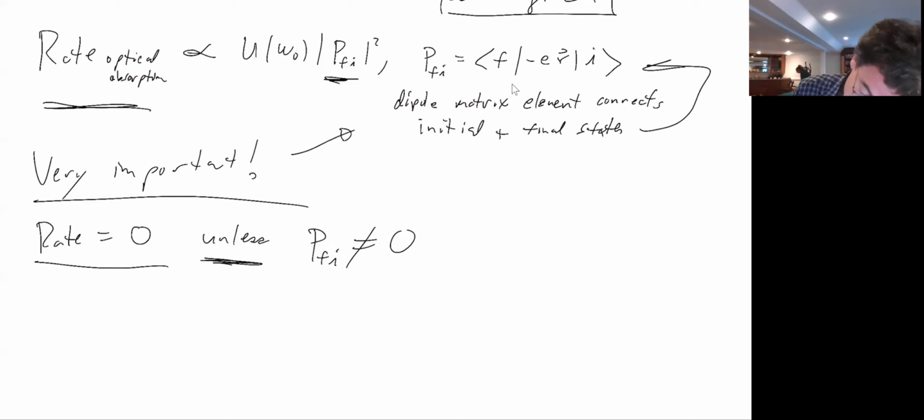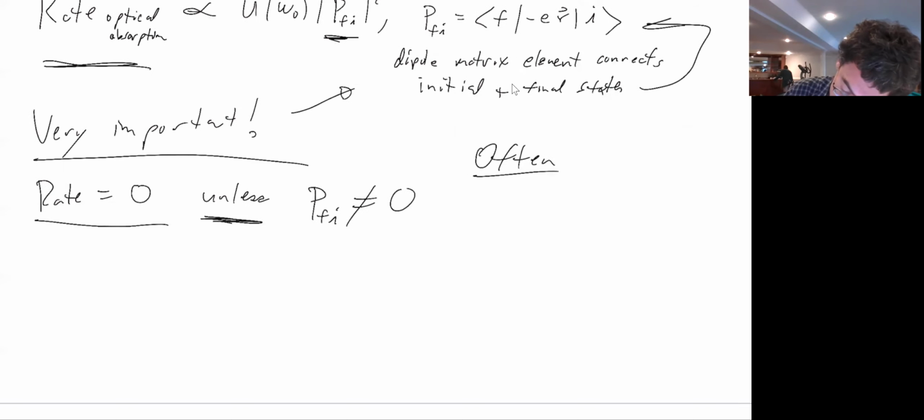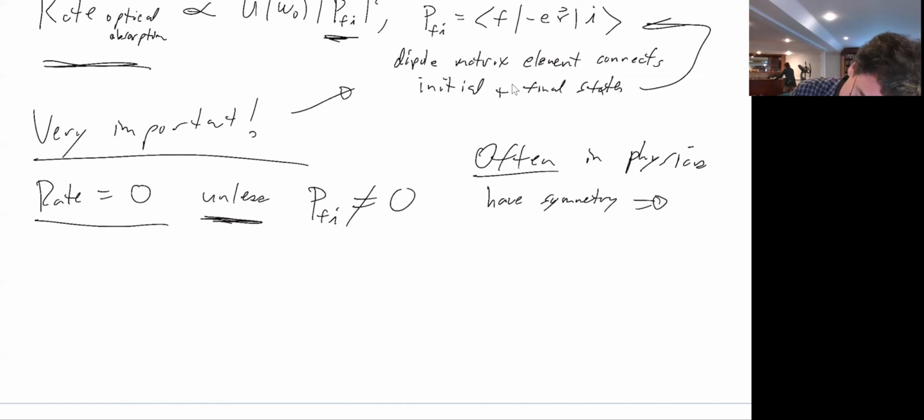In other words, it turns out that often in physics there is symmetry. And then this symmetry can cause matrix elements to be 0.